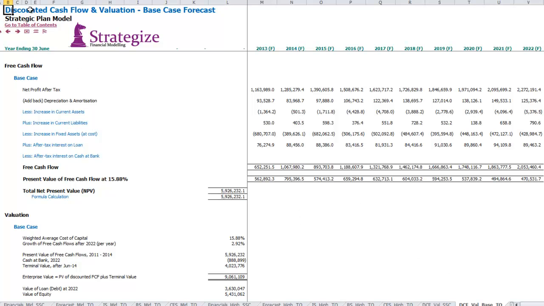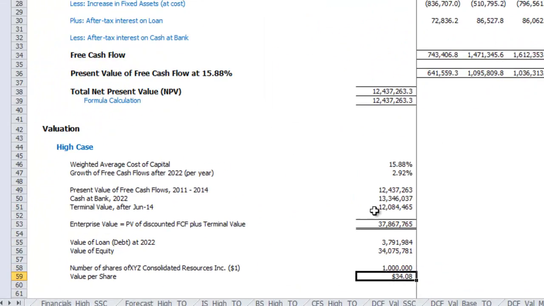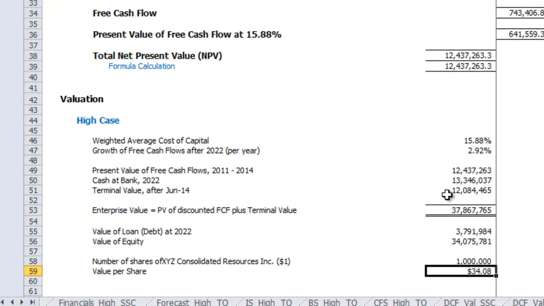In this case, with this company, we've done it under 3 scenarios: base case, mid case, and high case, to value the company and provide management with some idea as to the intrinsic value of the overall company.